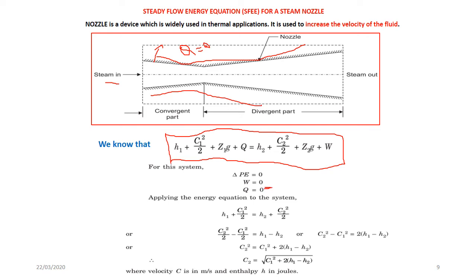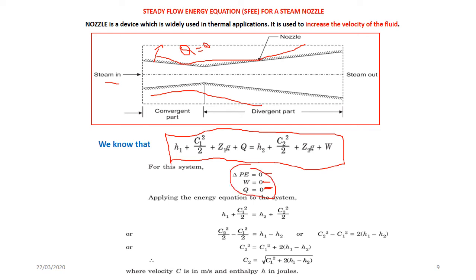Work done is also 0 because there is no work here, whatever the steam is entering and going outside, from the nozzle profile itself. There is no work phenomenon, so work done is 0, and there is no change in potential energy, which means no change in height. So these three things become 0.